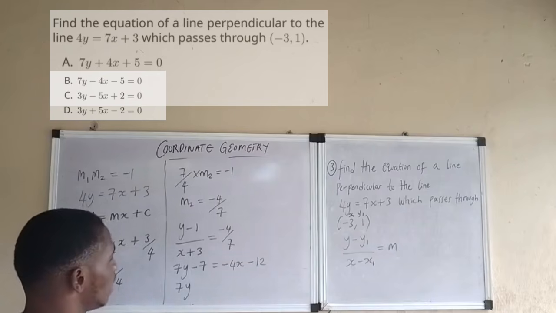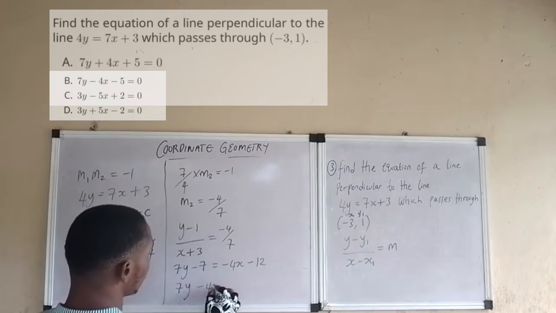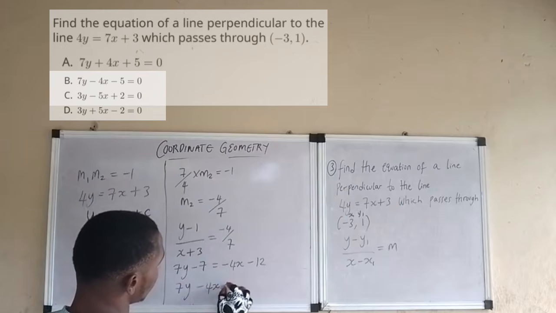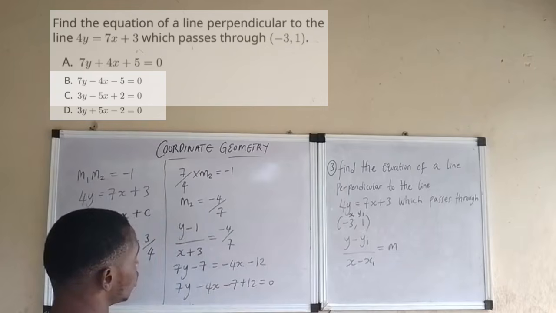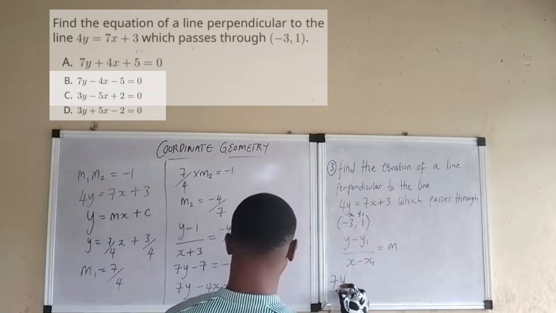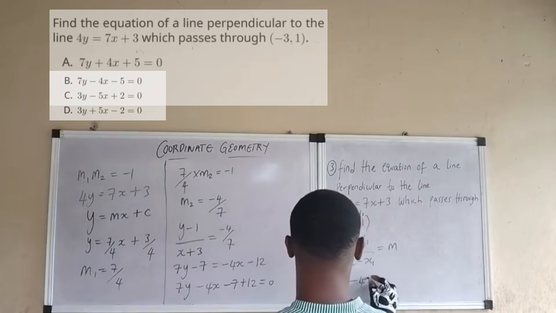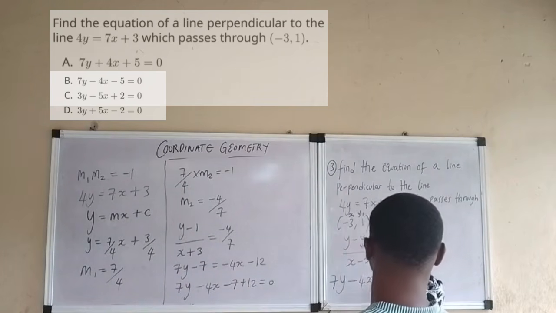So let's just take it like that. So we have 7y minus 4x, minus 7 plus 12 equals 0. So this should give you 7y minus 4x plus 5 equals 0.